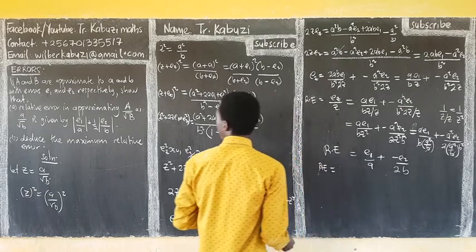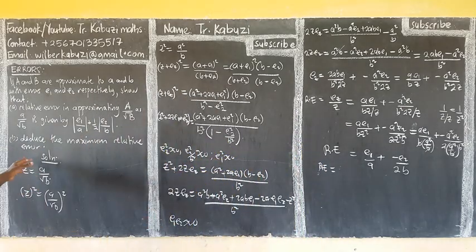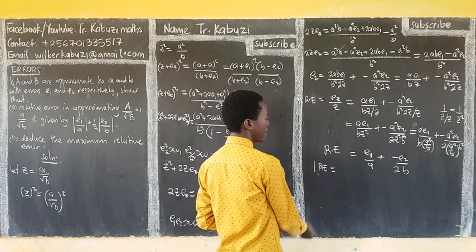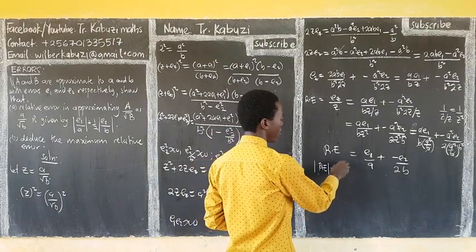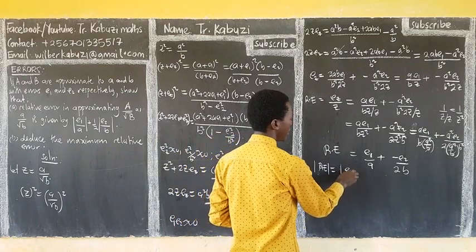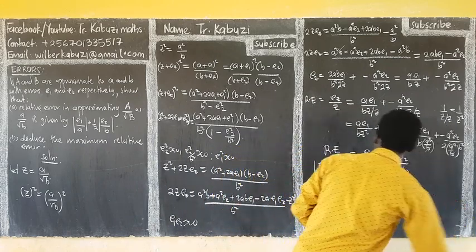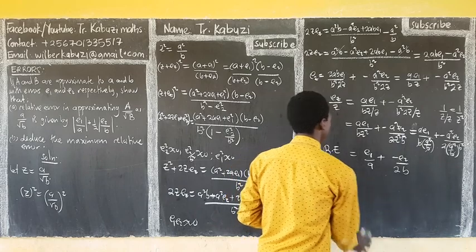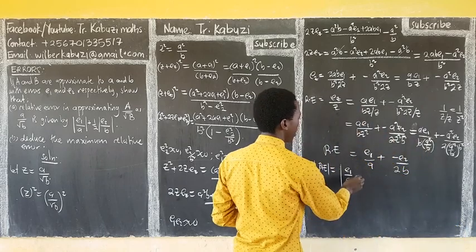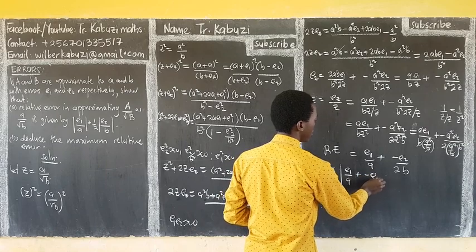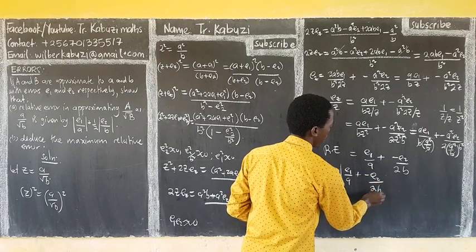Now from here they are saying introduce the maximum relative error. So for the maximum relative error, you get the modulus, this sign also, we shall be getting e1 over a, then plus negative e2 over 2b.